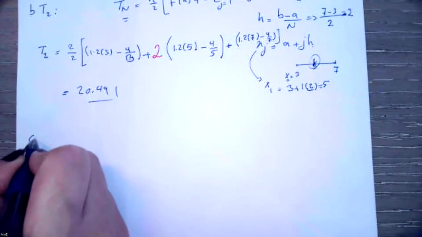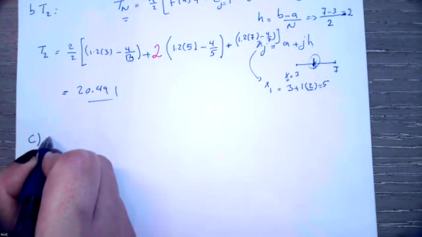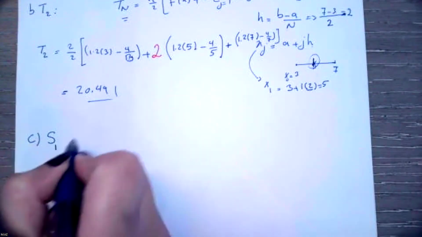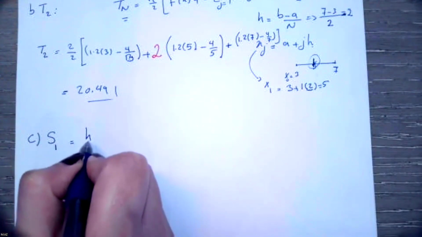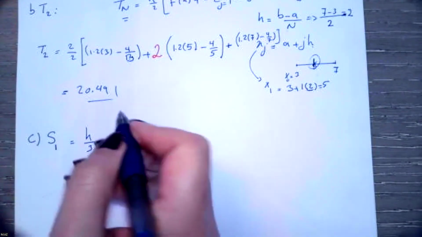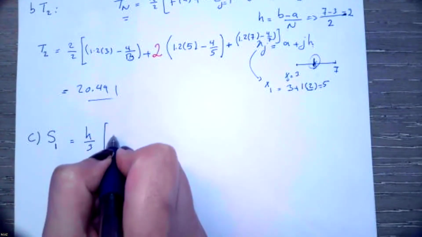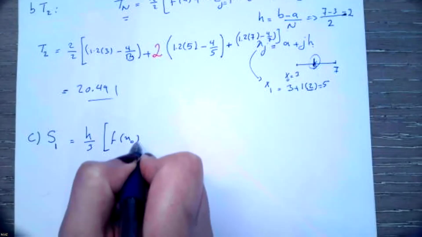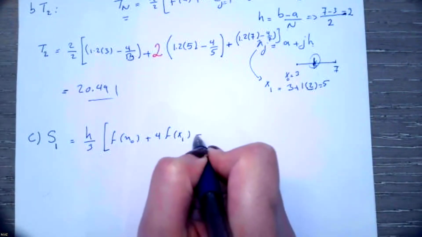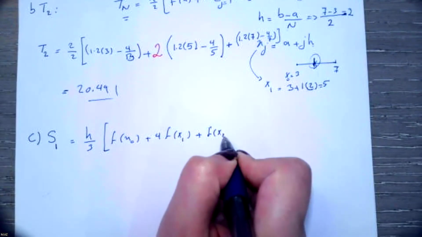For part C, we have to use the Simpson with single panel. The equation is the equation of the Simpson with single panel, f of x0, 4 times f of x1, f of x2.